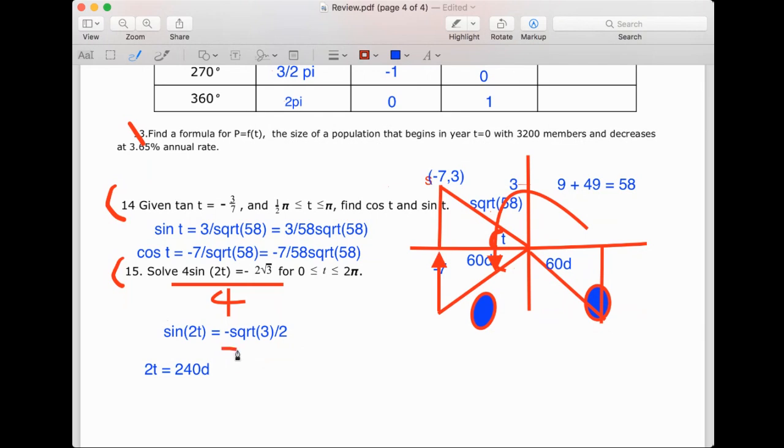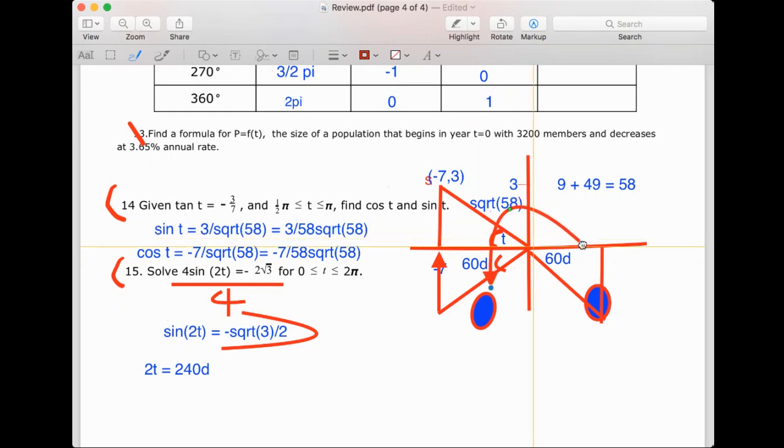By this negative sign, I know my triangles are in the third quadrant and fourth quadrant. The reference angle that gives me square root 3 over 2 is 60 degrees. But that's only the reference angle, so how do I find the true angle?